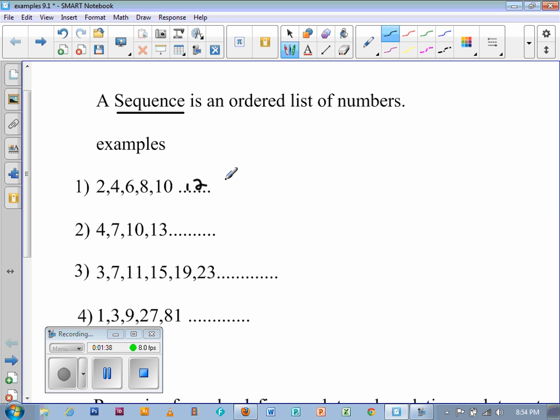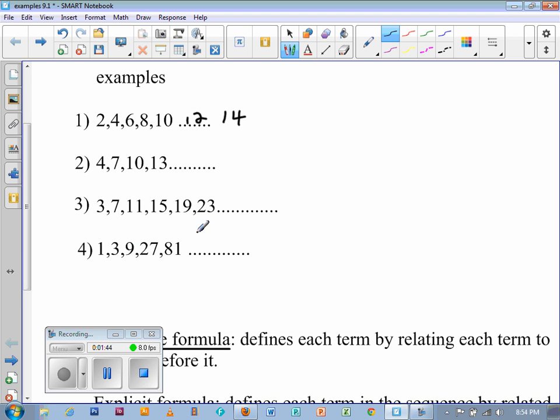So that would be a 12, that would be a 14, etc. If I wanted to do number 4 with the recursive formula, we would have to multiply by 3 each time. So that would be 243 as our next term, and we would continue to multiply the previous number by 3 to obtain the next term in the sequence.